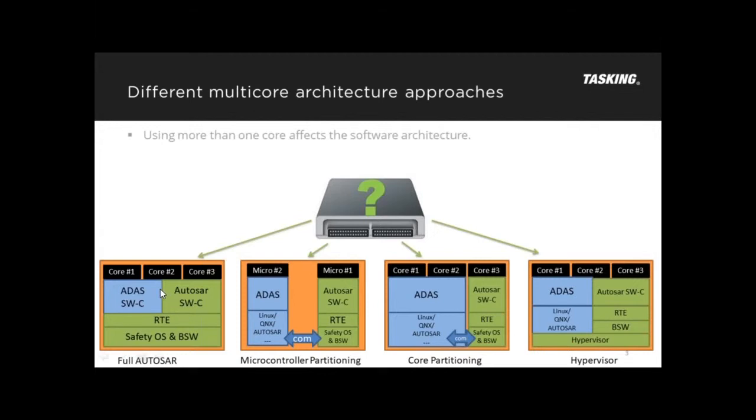And then I will divide the cores based on the type of the software component. If it's an AutoSAR software component, I will dedicate 1.5 cores for the AutoSAR software components, and for the ADAS software components, I will dedicate the rest of the cores. So this is one strategy that the system architect could decide on.